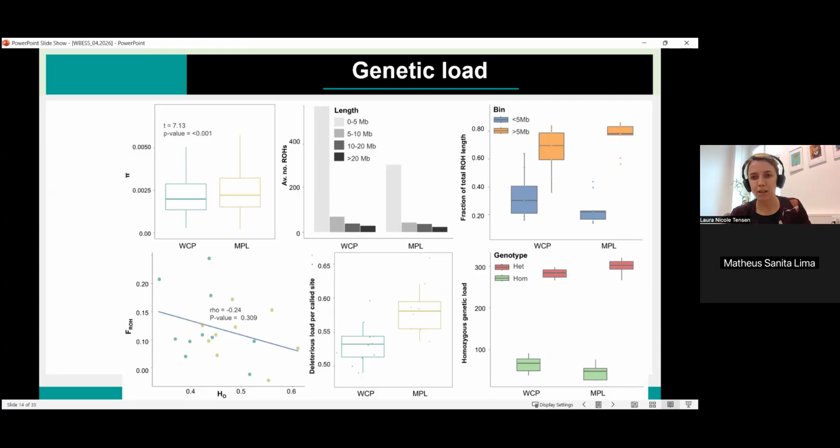So what we actually think is that purging probably happened across generations. Because this population has been small for extended periods of time, they have managed to purge a lot of this deleterious load from the genome. So at least from this perspective, it doesn't seem that severe inbreeding is occurring in this population at all.